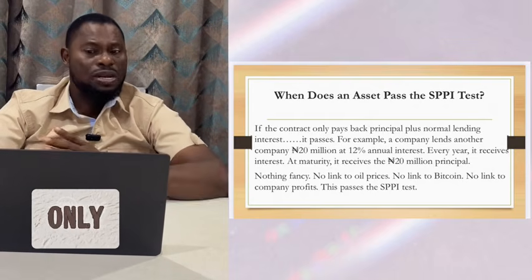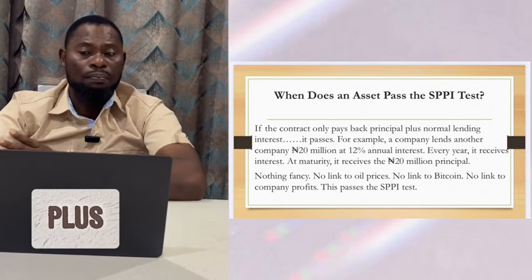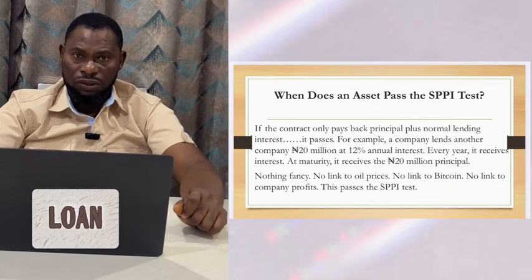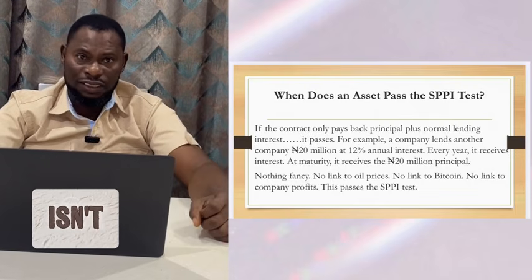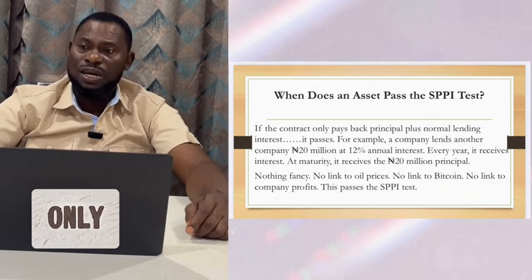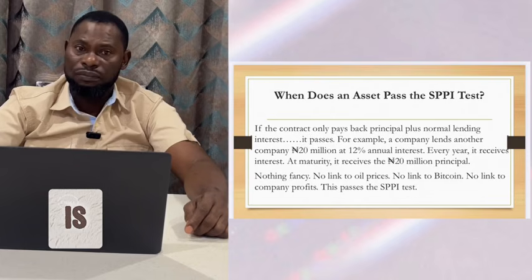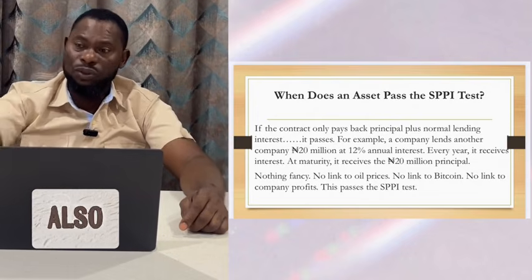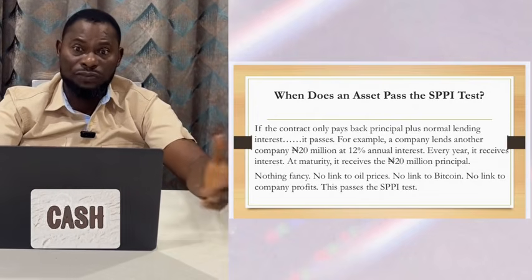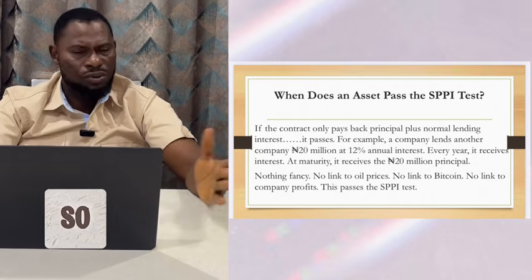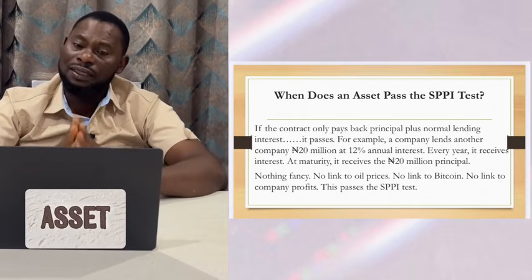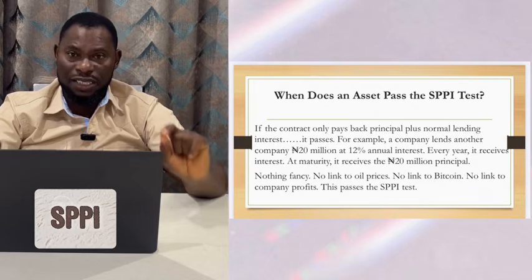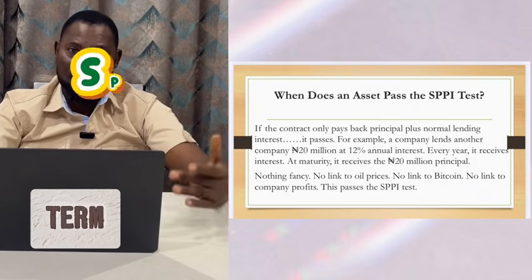If the contract only pays back principal plus normal lending interest, you give a loan, you own a financial asset, isn't it? Now, let's say that the only thing it is going to pay you is the principal back at the maturity period, and it's also going to pay you contractual cash flows, which is interest. So if this happens, it means that asset has passed the SPPI test. Simple. That's what I told you. I said the SPPI is just a fancy term to intimidate people.